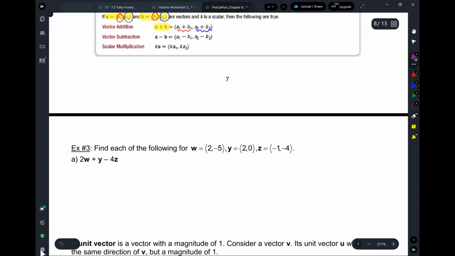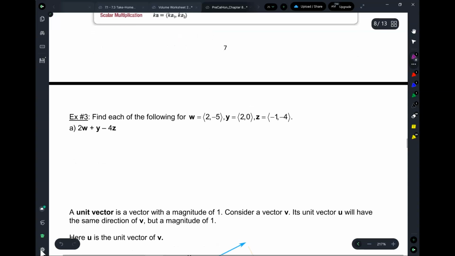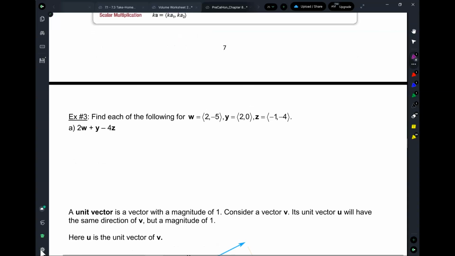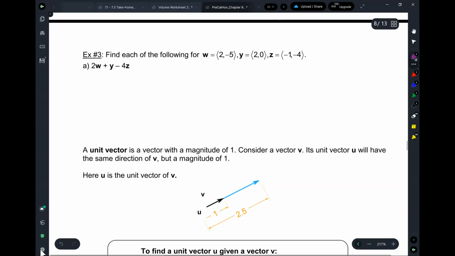So scalar multiplication, you would just distribute the k to each of the components. We're actually going to do it here, like the 2y and then minus 4z. So if you have 2w, 2 times w, this is 2 times 2, negative 5, plus 1w, 2 comma 0, minus 4 times negative 1, negative 4.